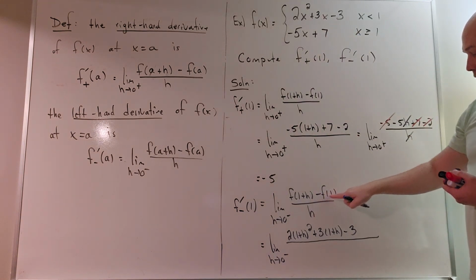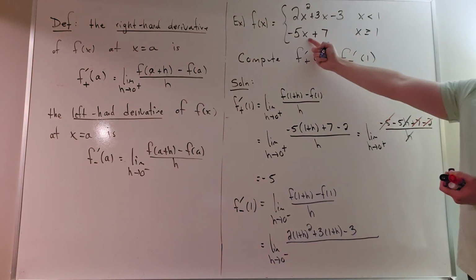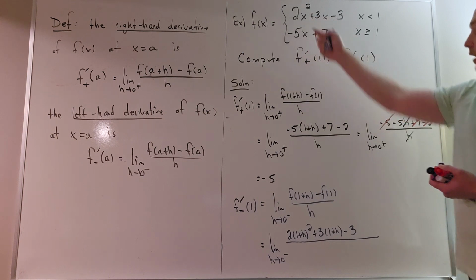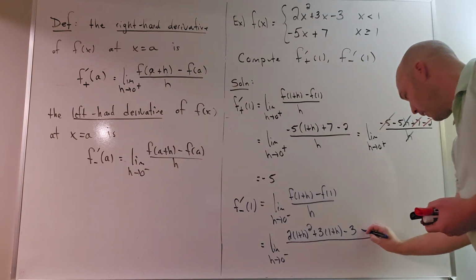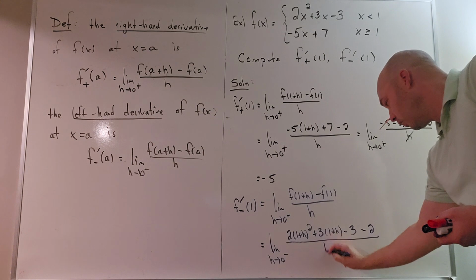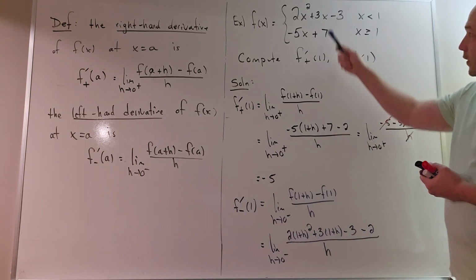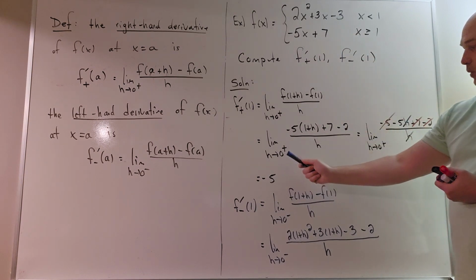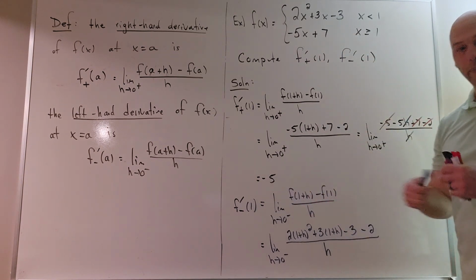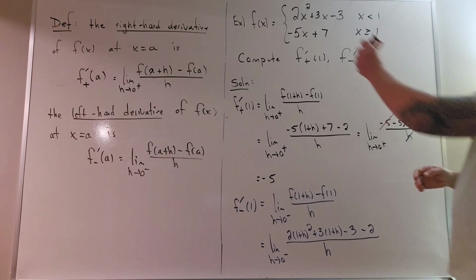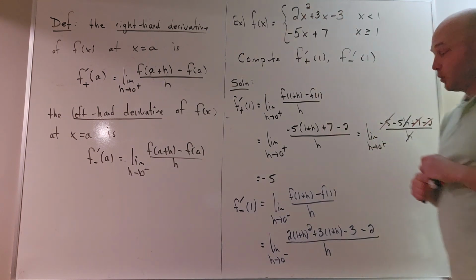Then minus f of 1. Well, if I plug 1 in, again, I plug it into this expression here, and I get 2. So this would be minus 2, and then all over h. Notice I had to use a different expression here depending on if I was doing a right-hand or a left-hand limit. So make sure you pay attention to which function expression you need to use.